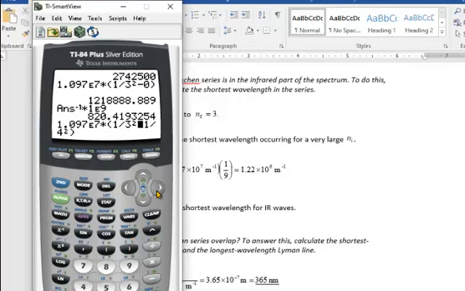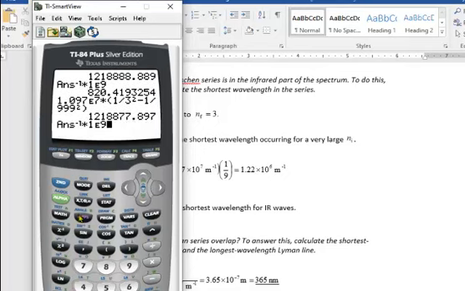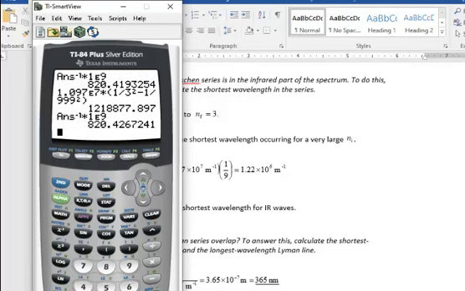And now from the very high orbit, let's say I'm going to put in 999 right there and square that, parentheses, and I hit enter. And again, I'm going to go back there, invert and convert to nanometers. And again, I come up with the same 820 nanometers, just like I did before.